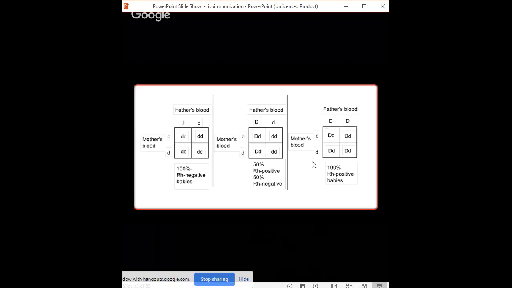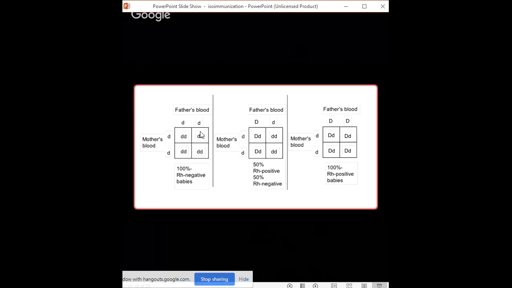So this is how you get a rhesus positive baby with a rhesus negative mother, where you can see that you have your small d, which denotes the absence of rhesus D antigen on the mother's red blood cells, and then you have the father's.